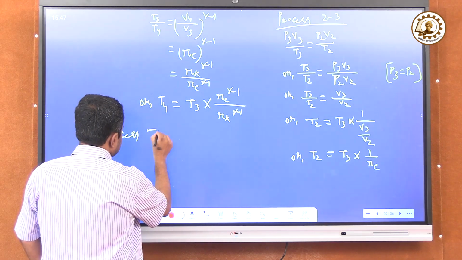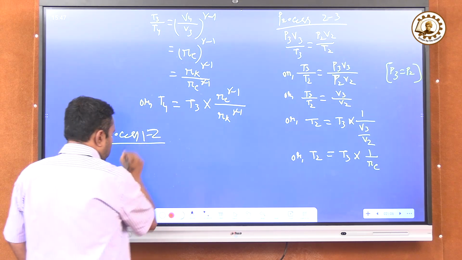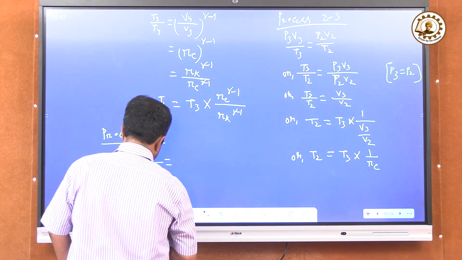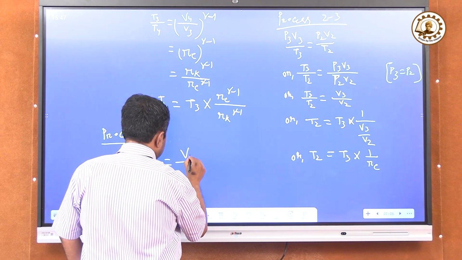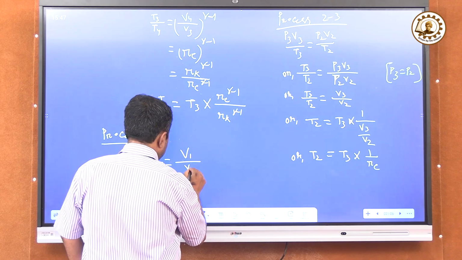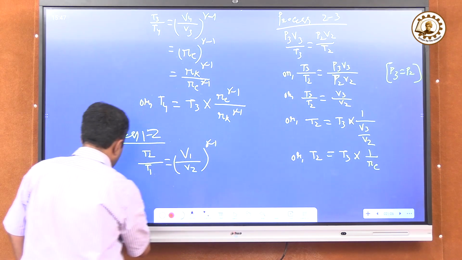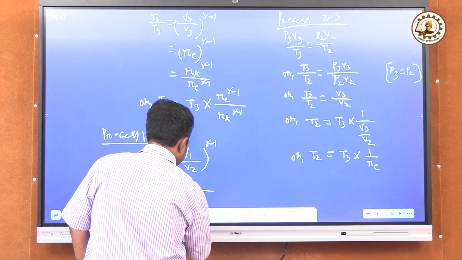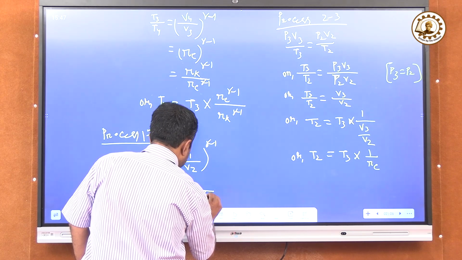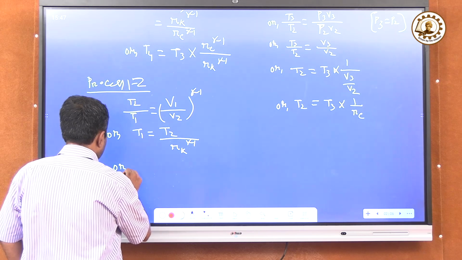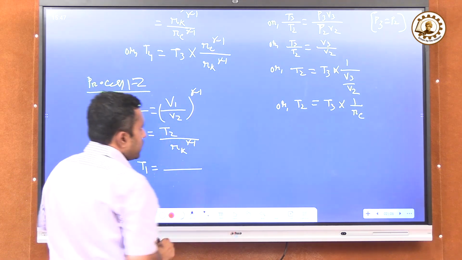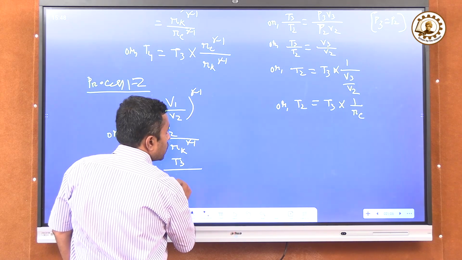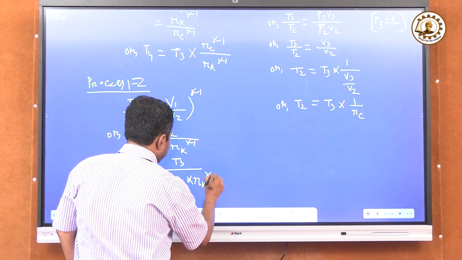Process 1 to 2. We also know that it is a reversible adiabatic process, and for that reason we can write T2 by T1 is equal to V1 by V2 to the power gamma minus 1, or T1 is equal to T2 by Rk to the power gamma minus 1.